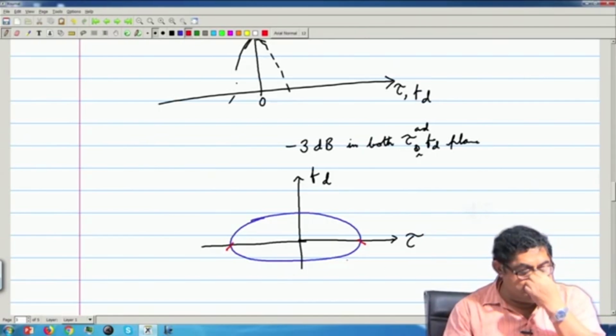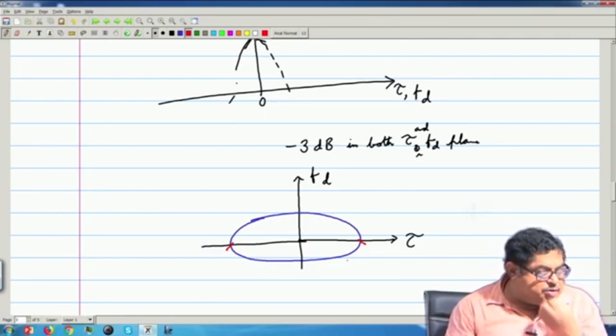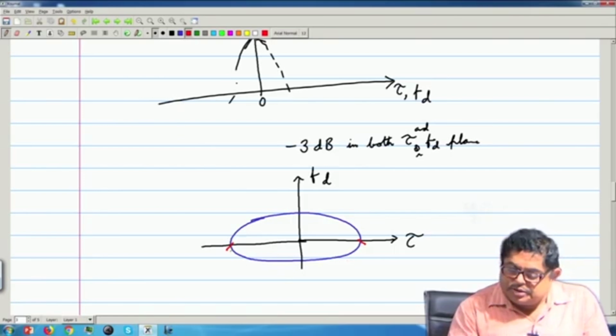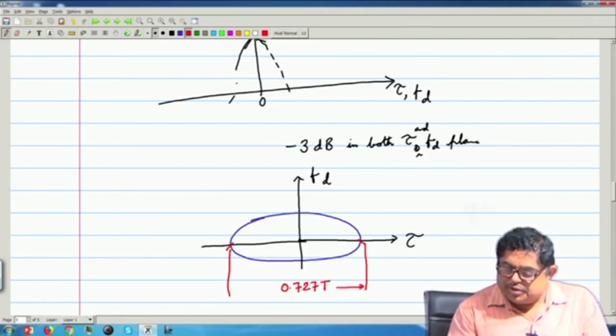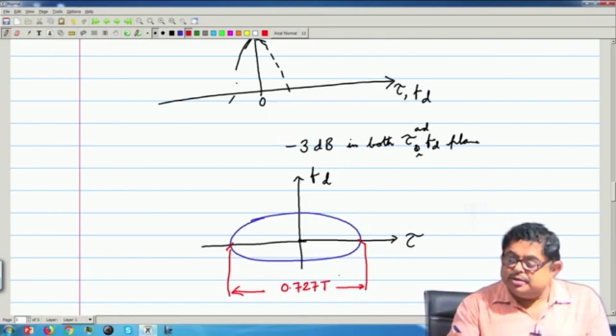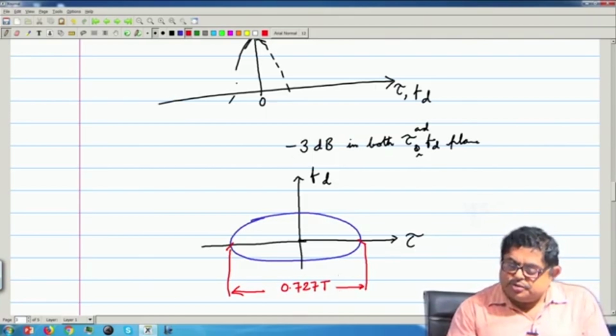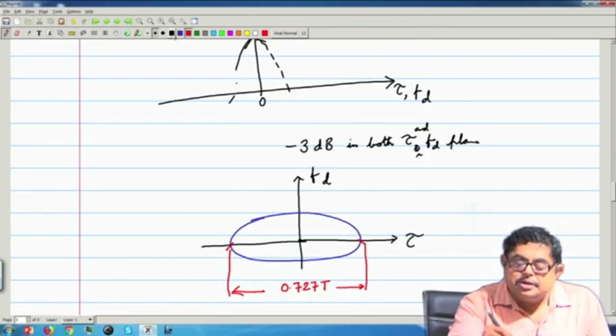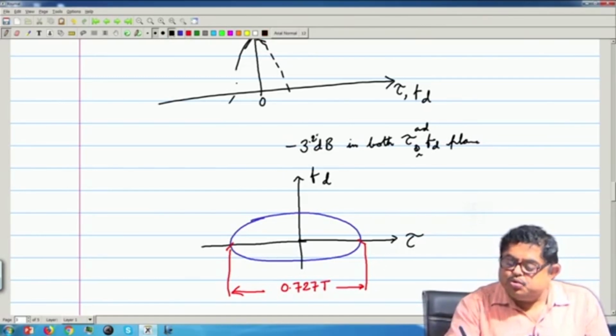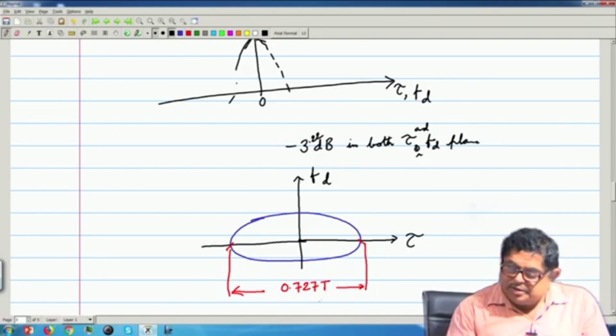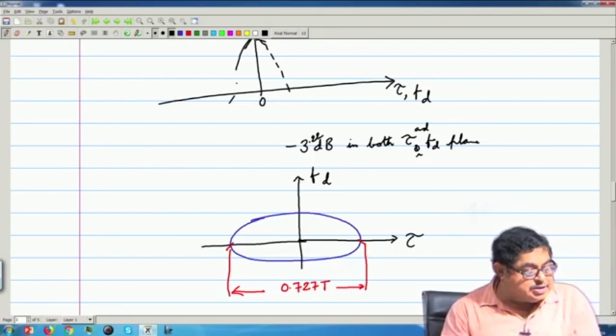If you put it into the function, we can easily find that the separation between them is 0.727 t. So, the range ambiguity function has this width for 3 dB. To be precise, people take it as minus 3.22 dB, and then you get this 0.727.